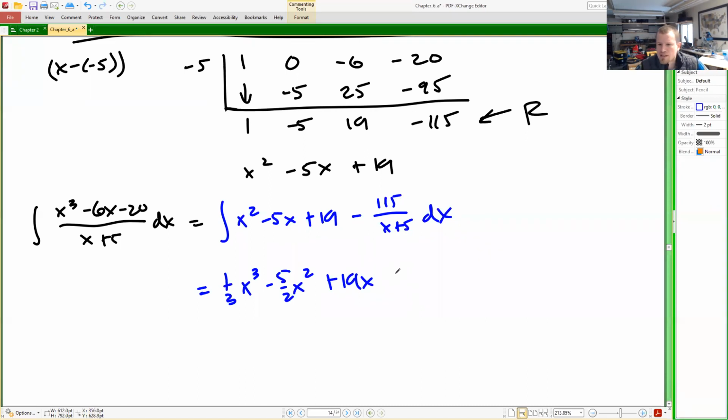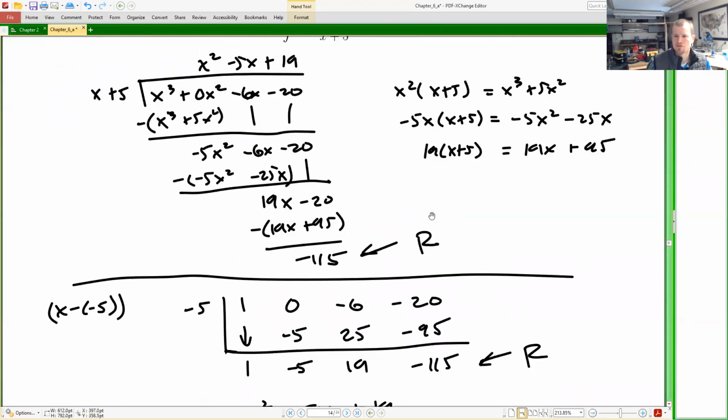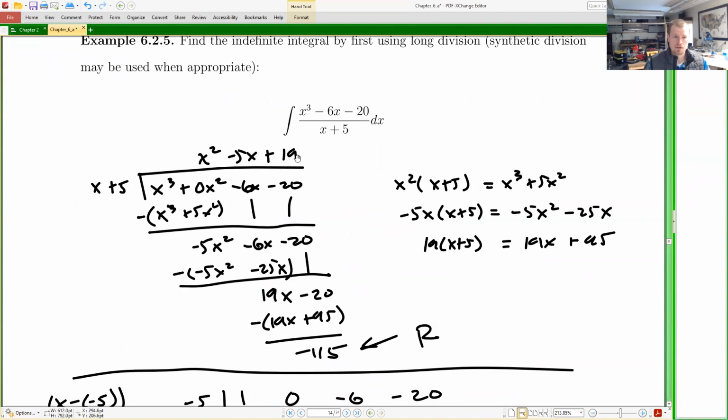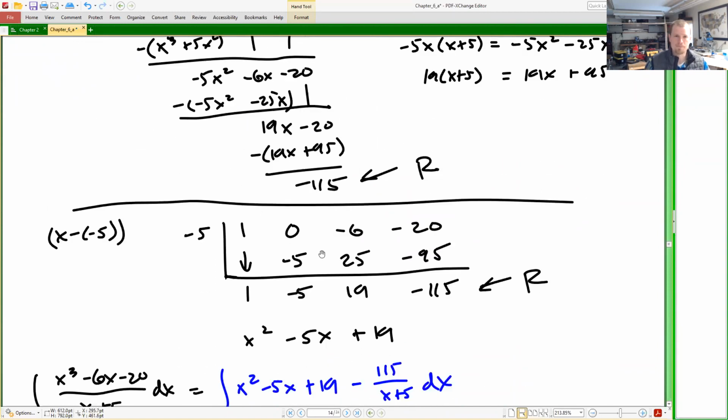So this is actually going to give us negative 115 times the natural log of the absolute value of x plus 5. And then add our constant at the end. And that's it. So the integral has become very easy after performing the long division or synthetic division.